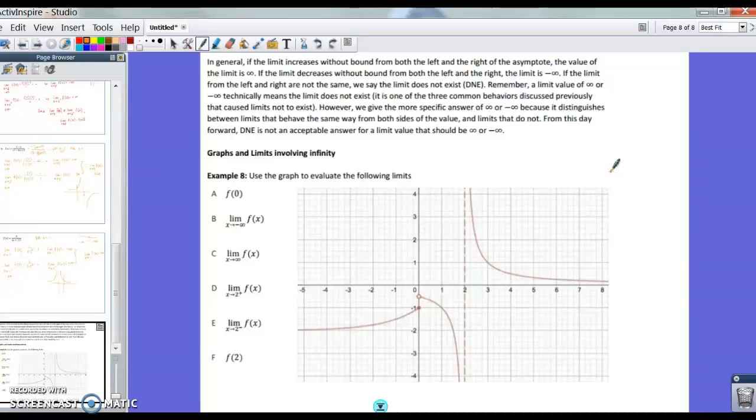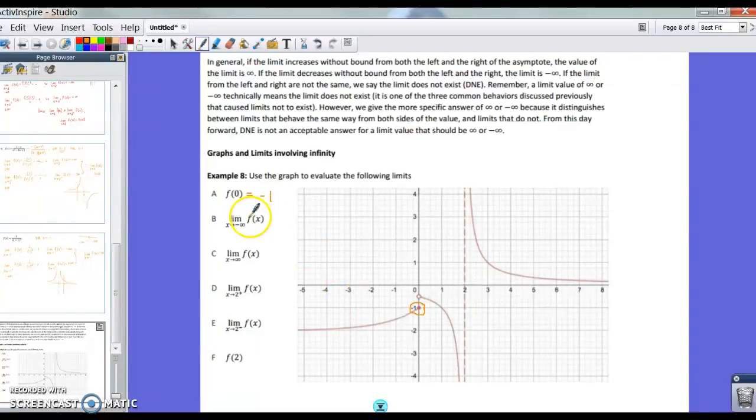Okay. On this last part here, I just want to do a quick look at evaluating or using a graph and having a bunch of different limits. So in this first one here, I'm not looking for a limit. I'm just looking for the function value at 0. So when x is 0, I'm down here at -1. So that's just going to be -1.